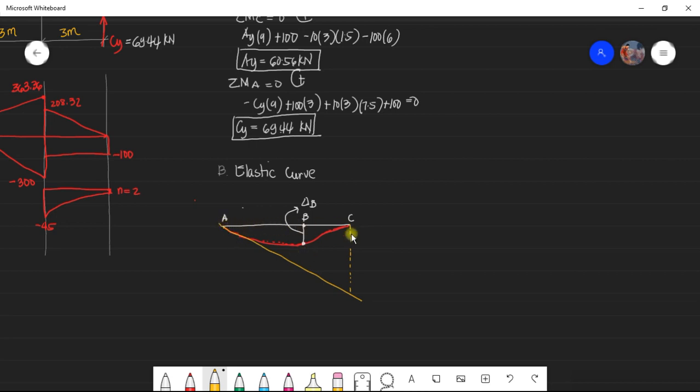Once you form your triangle, pwede mo nang makuha yung slope ng tangent na yon. So, dito pa lang, makikita nyo na yung triangle. Kaya laging mag-draw ng tangent line, i-extend nyo doon sa may 0 ang deflection. Ganon din dito sa C. Pwede din sa C, mag-draw ka ng tangent line sa C, extend mo hanggang sa A, masosolve mo na yung slope sa C.